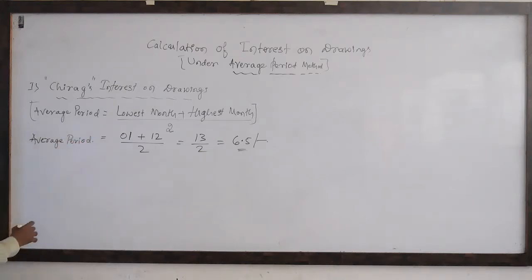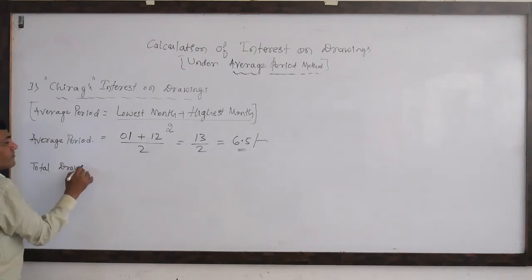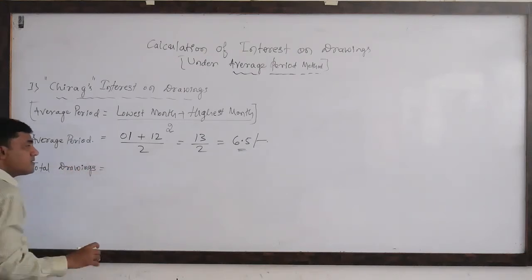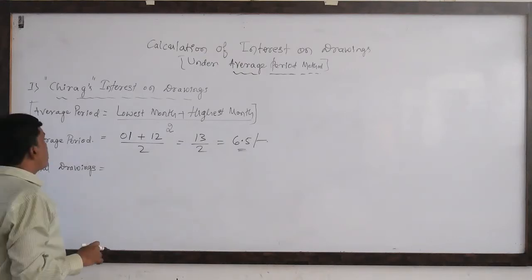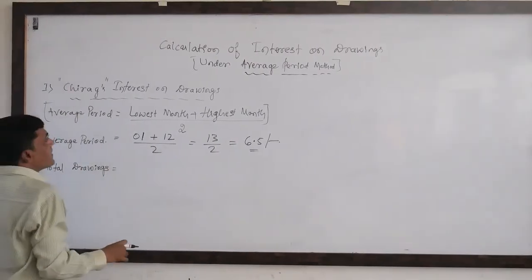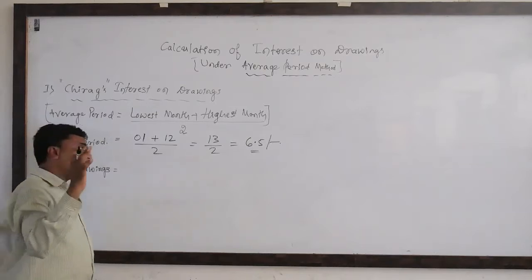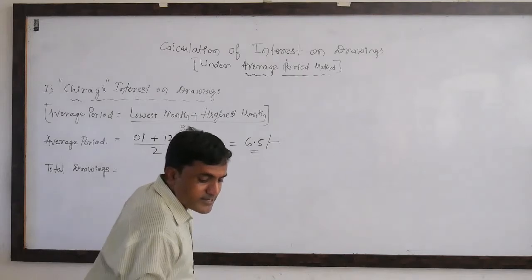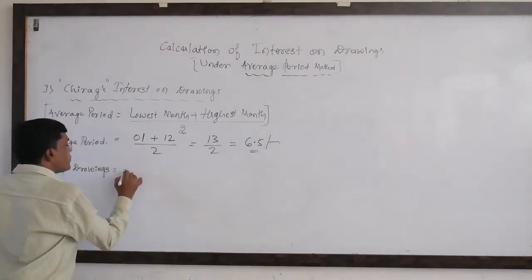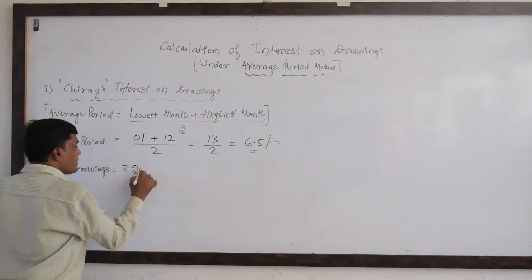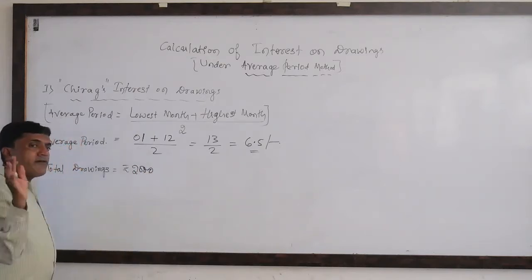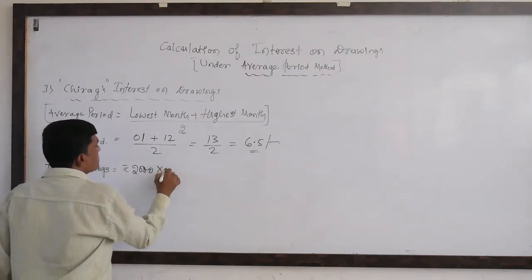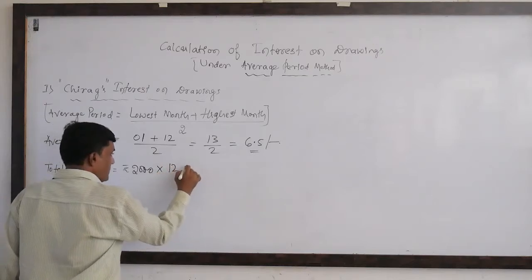One more step, that is, you can solve total drawings. While calculating total drawings, dear students, we do not bother about when he has made his drawing, whether it is the beginning, the middle or the end, but he has made his drawing of rupees 2000. You can see in your image, rupees 2000 on the first day of every month, means he has made his drawings 12 times.